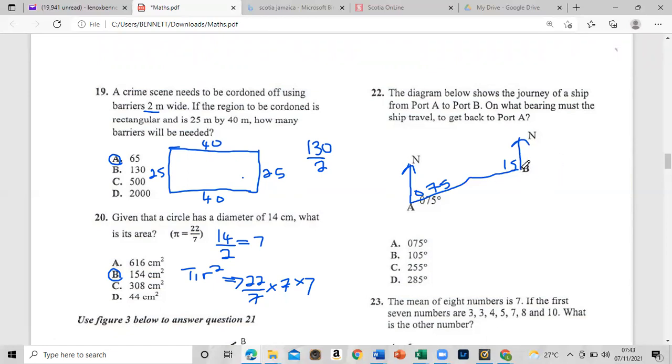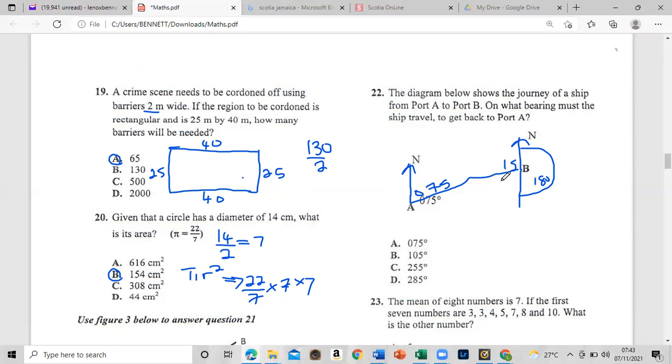But before we do that, you can just draw one line, extend this. This would be 180 degrees, all of this. So it must come from the north line, you know. You're measuring in a clockwise direction from the north line.